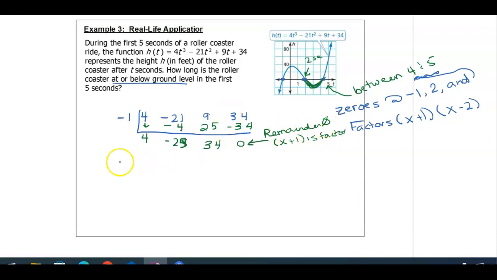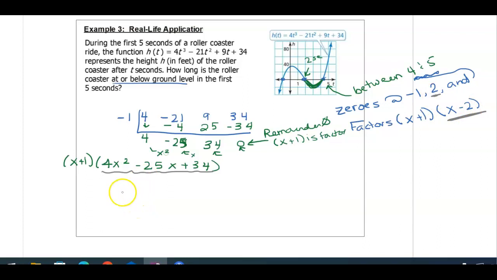If we take our x plus 1 out, what we have left is, remember, this is our constant, this is our x, and this is our x squared. So we'd have 4x squared minus 25x plus 34. Let's do the same thing and factor this more using synthetic division, because we know that x minus 2 is a factor, so 2 should be a 0.